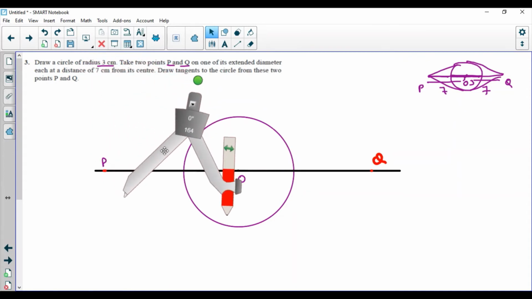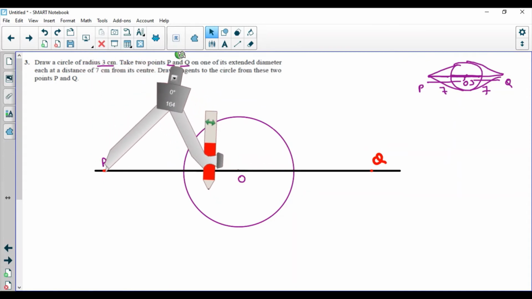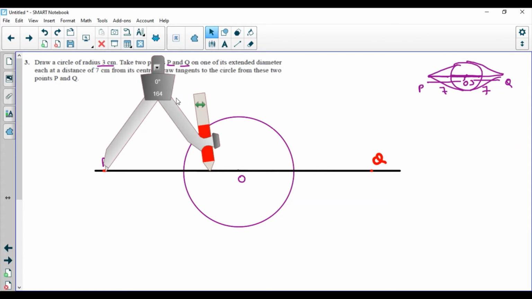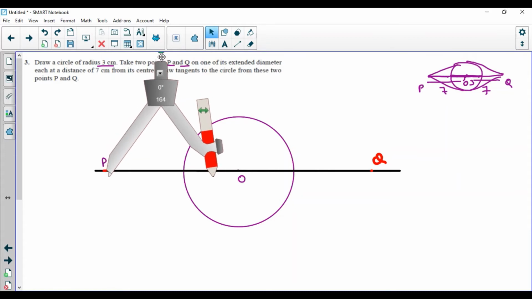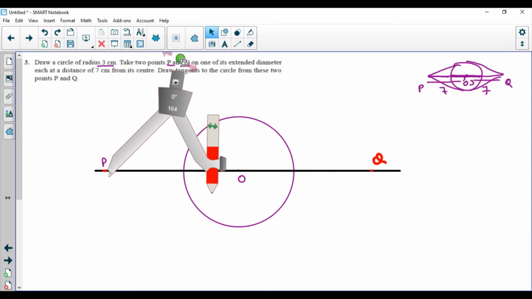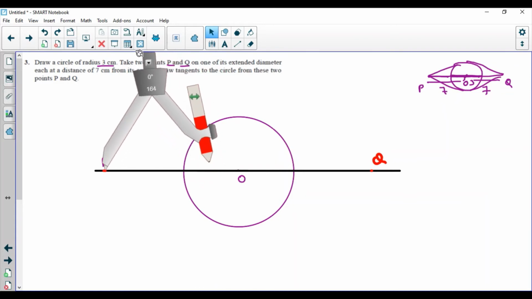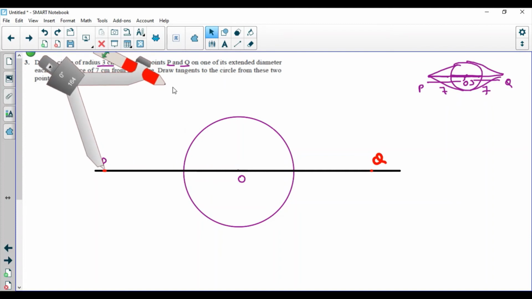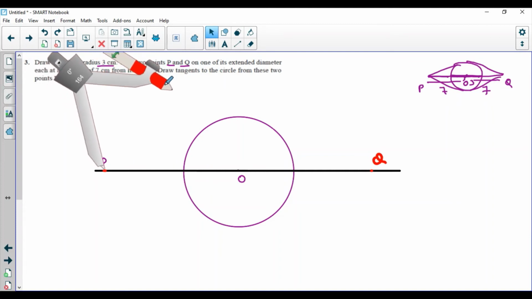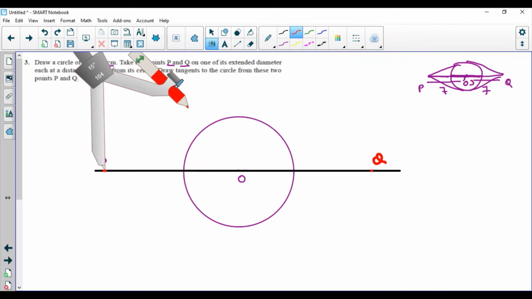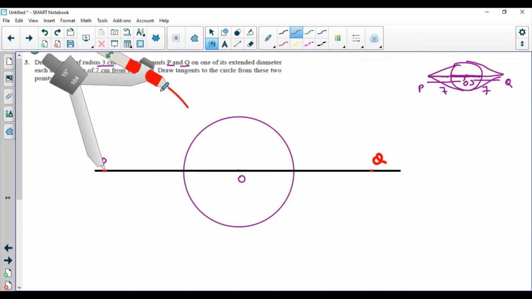So this is half, approximately. More than half we should take. Okay, this is more than half only. So one arc above the line and one arc below the line.